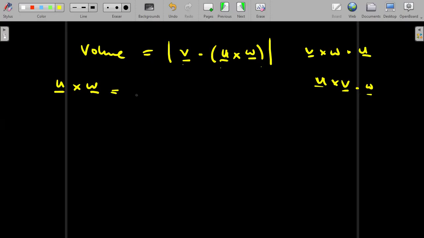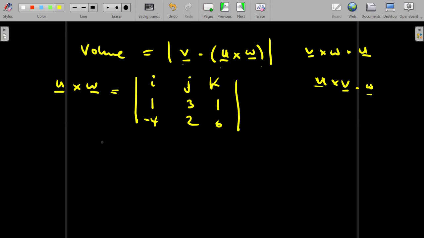So we proceed here and we say this is going to be, put in there your component vectors i, j and k. Then I'll put in my U. So my U is 1, 3, 1. Then my W is -4, 2, and 6, like this.